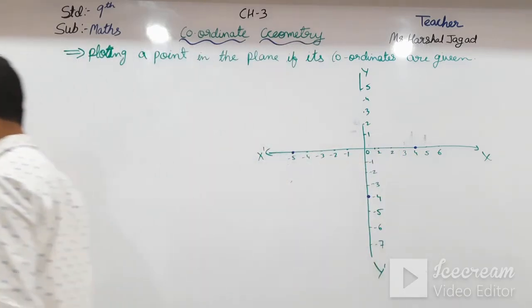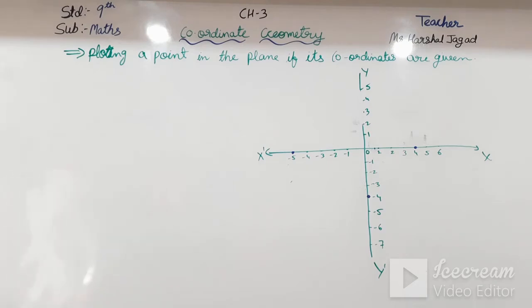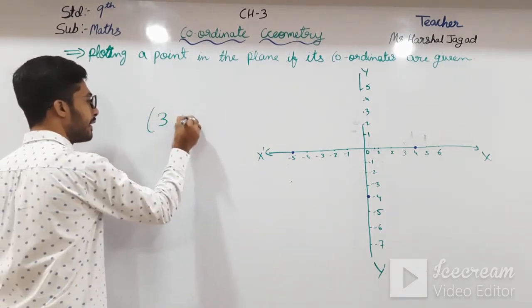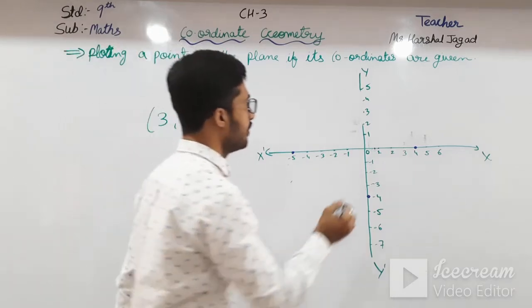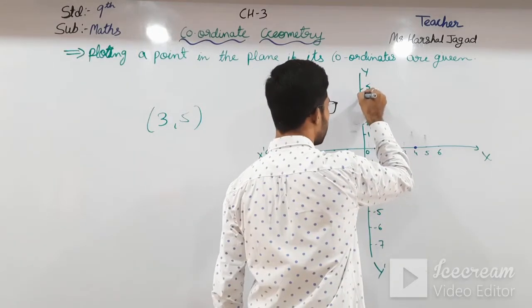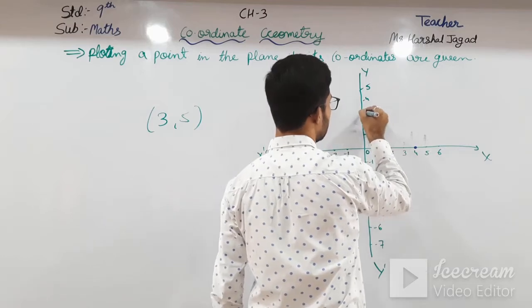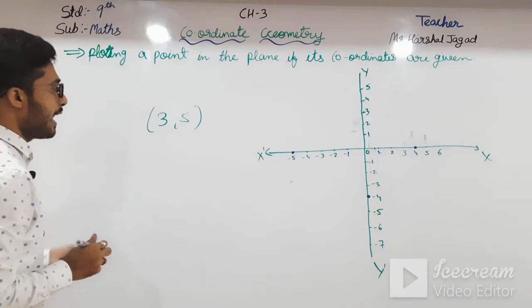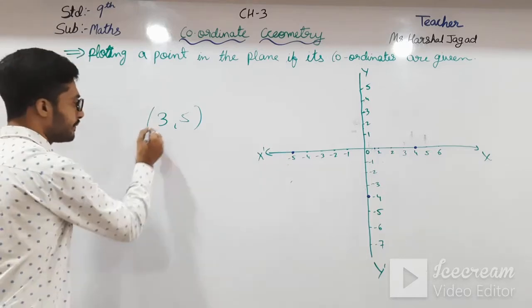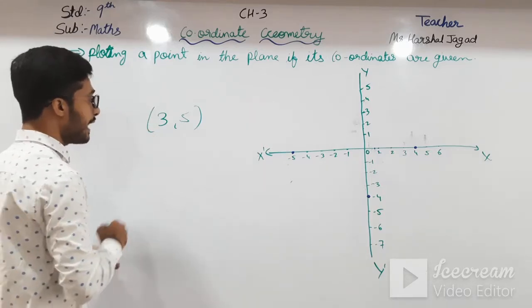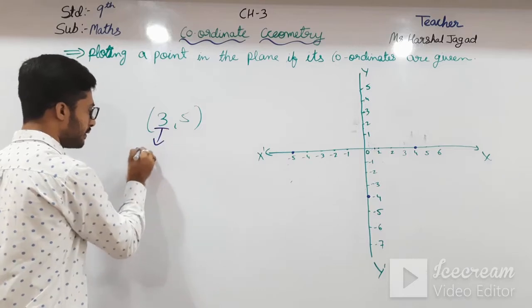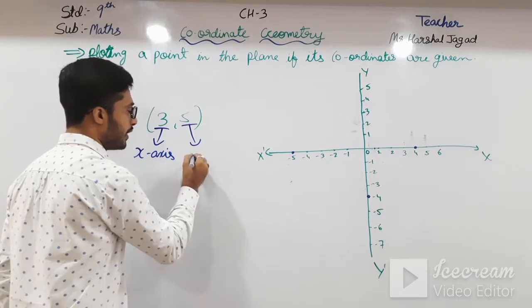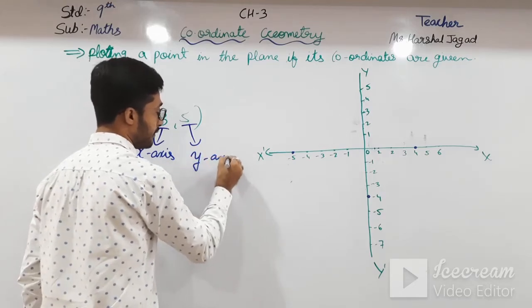So the point given is (3, 5). So how will we draw this? Let us see that. Okay students, so 3 is on the x axis and 5 will be on the y axis.